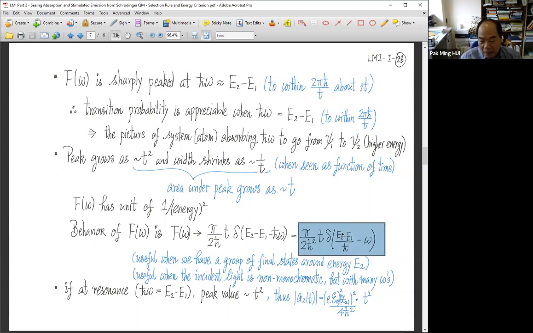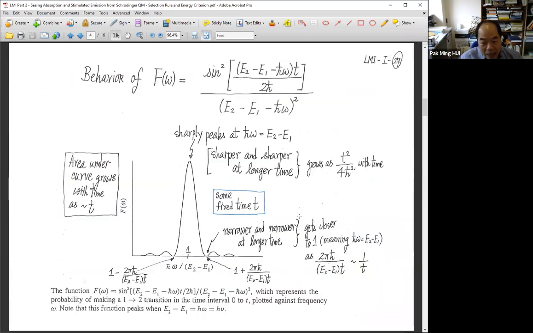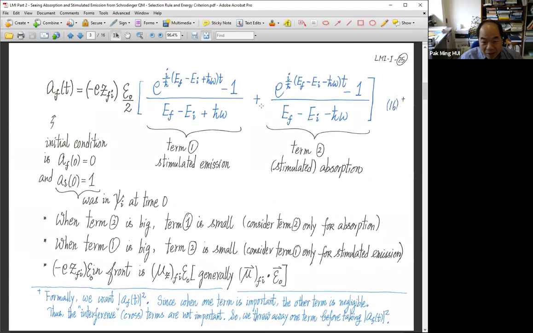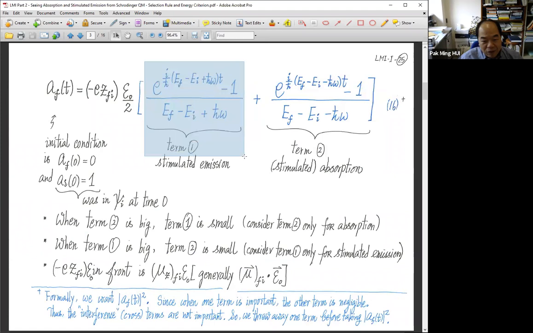That is what I introduced. With this, stimulated emission is nothing anymore, okay? We go back to the formula. We discussed this. We pick this thing up for the discussion now. The steps are almost identical, except this is switched, okay?